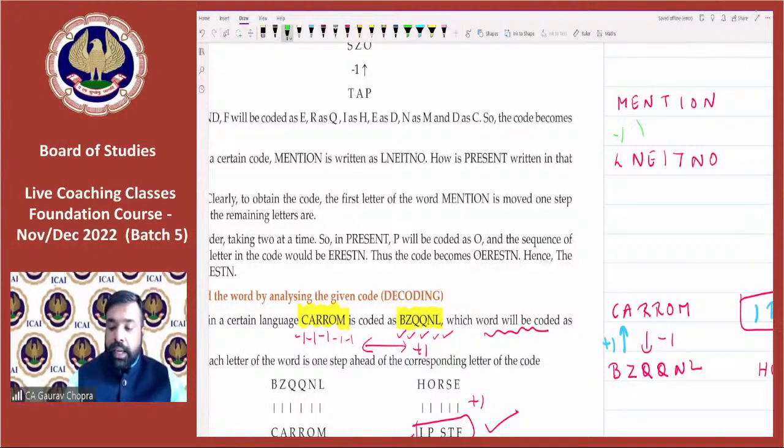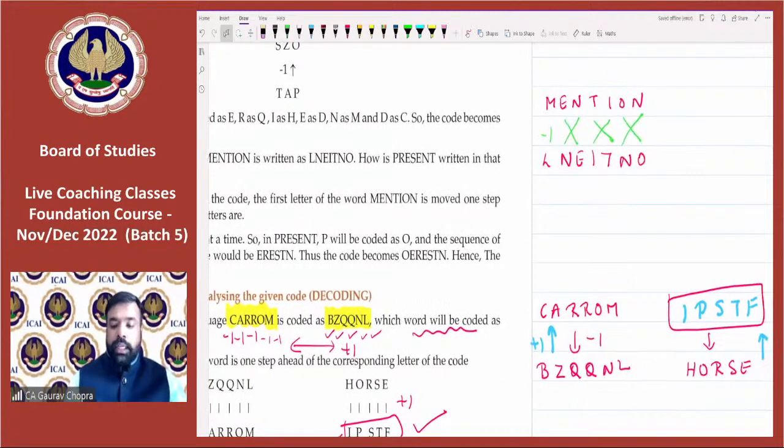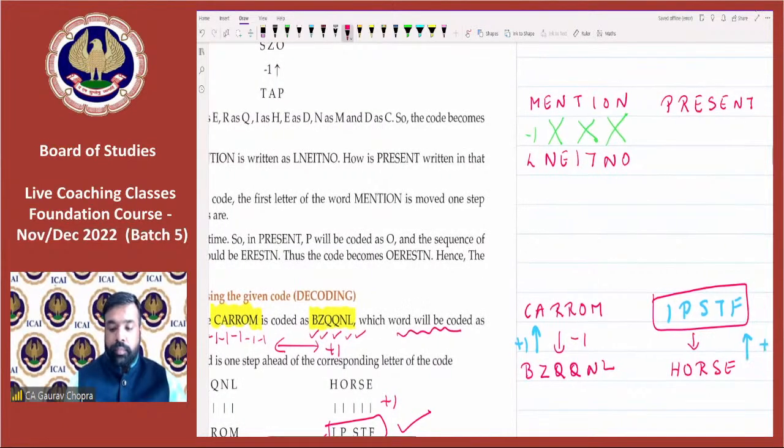Then E and N are changing their positions. T and I are changing their positions. O and N are also changing their positions. So similarly, if we solve for present, P, R, E, S, E, N, T, what can be the code?